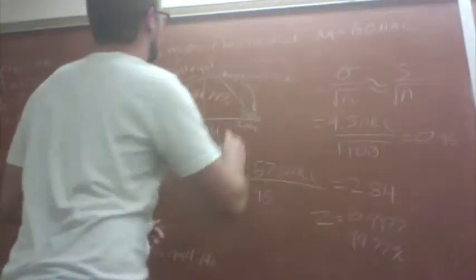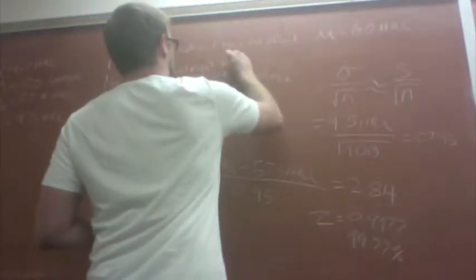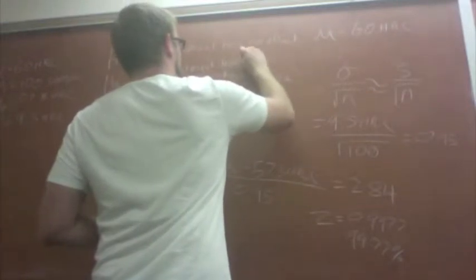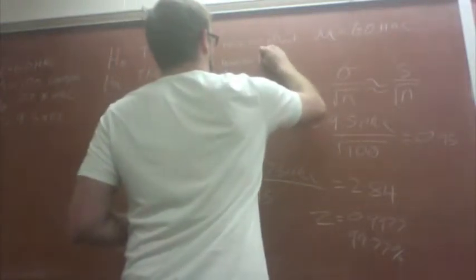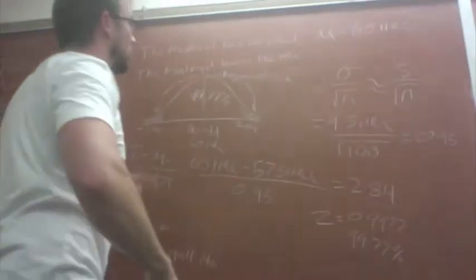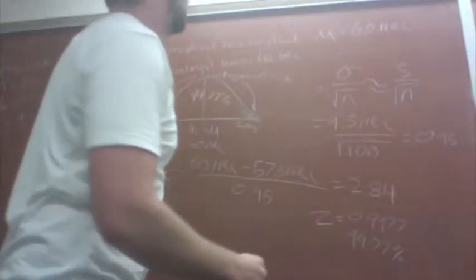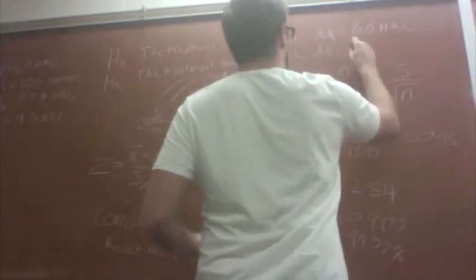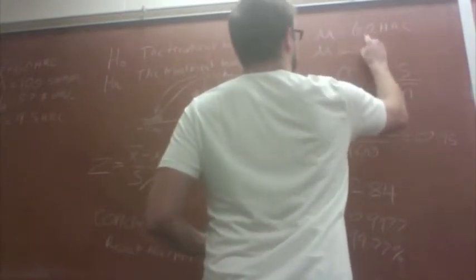So the treatment lessens the HRC. And because our alternative is what we're trying to prove, I'm going to say mu is less than 60 HRC.